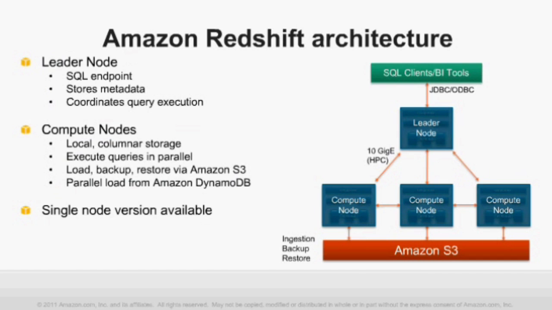What it also does is distribute jobs to the compute nodes that are running. So you can have one or more compute nodes, and the leader node distributes tasks to those compute nodes. The compute nodes have local columnar storage, and they execute all the queries in parallel.